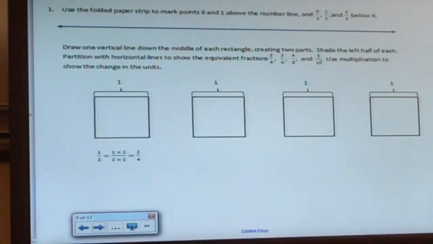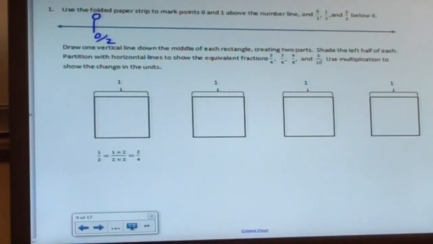Okay, so up top, they just want you to represent a number line and show where 1/2 is. And down here, they want you to show a bunch of different equivalent fractions to 1/2. So let's start with our number line. We just did this. Where do we want our number line to start? Chris? 0. And 0 is equivalent to how many halves? 0 halves. And where should we have our number line end?